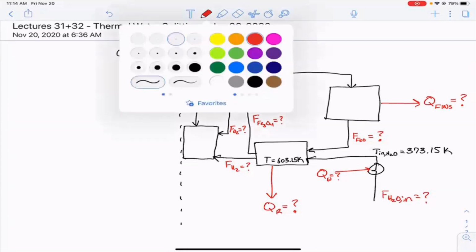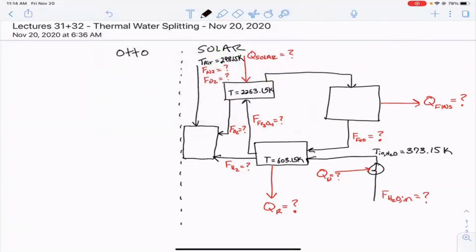And so then we have a stream that flows out of this mixer at a temperature of 100 degrees C, right? Or 373.15 Kelvin. And the first stage of the Otto cycle is compression.